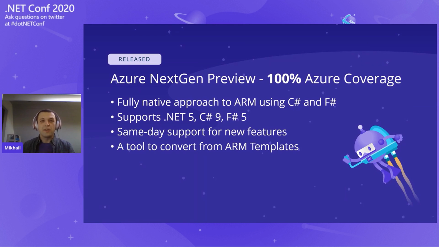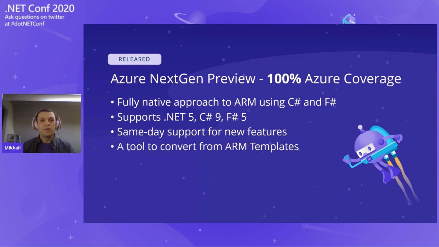But even more importantly, our .NET SDK is fully automatically generated from Azure OpenAPI specs, which means that as soon as Microsoft publishes some new API specs for a new service or a new resource or a new API version, we take those specs and automatically generate SDKs for you. This means that you always have access to the latest and greatest from Microsoft, basically on the same day when they are released and publicly available.